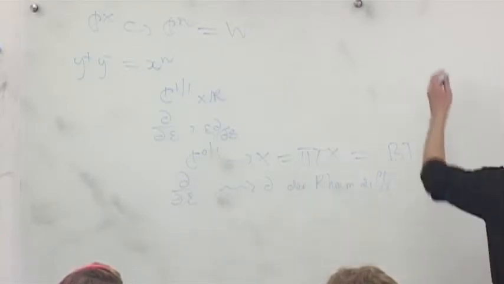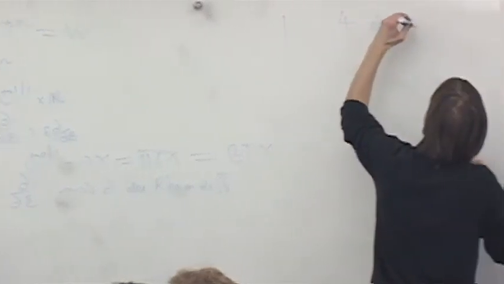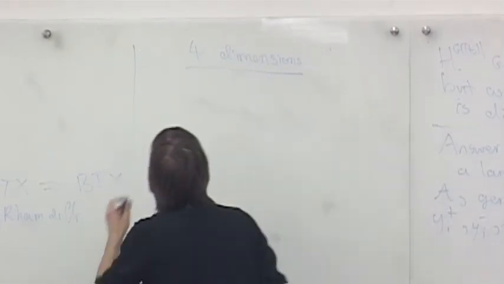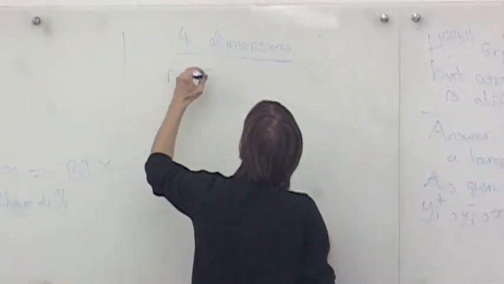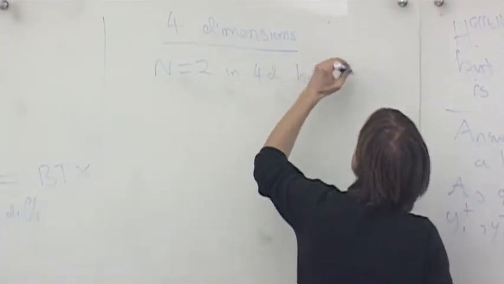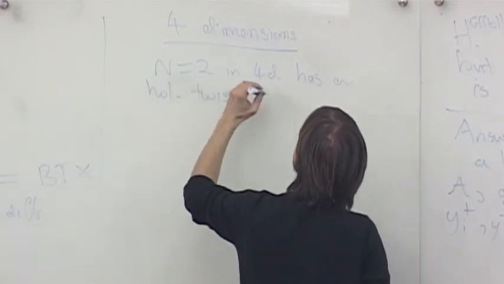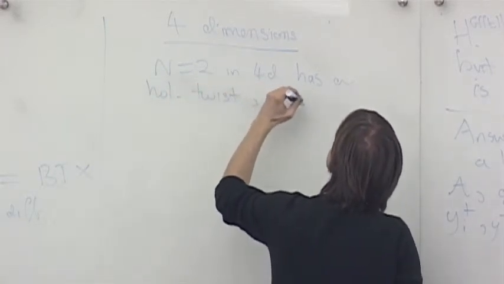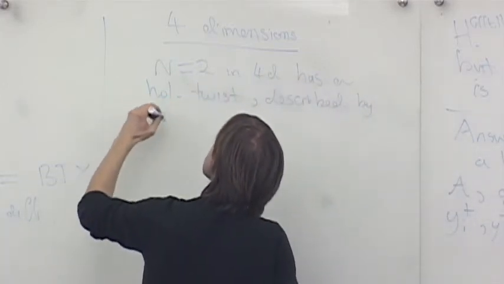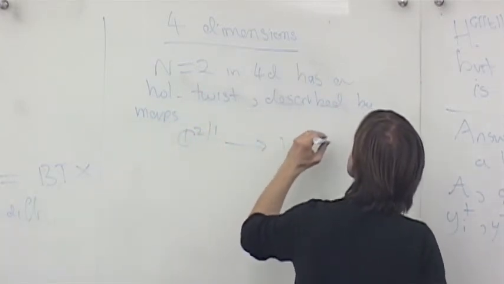So, okay, let's move to 4 dimensions. The n equals 2 theory in 4 dimensions has a holomorphic twist, which can be described by maps from C2/1 to this quotient.